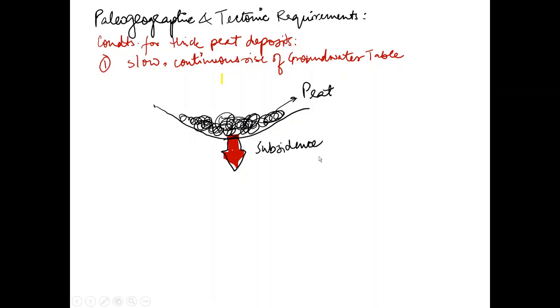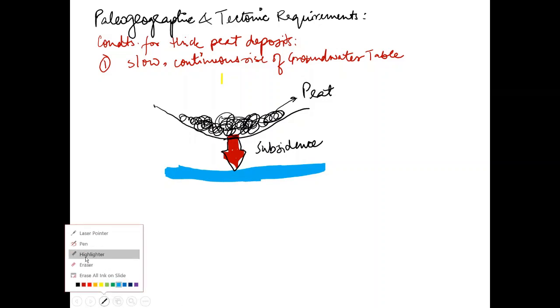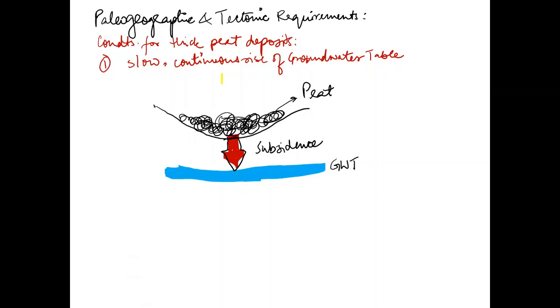To avoid this subsidence, if the groundwater table is present, then it would act against. So this is the groundwater table. So if the basin is going down and the groundwater table is rising up, it will keep a balance between the rate of subsidence and the rise of the groundwater table.